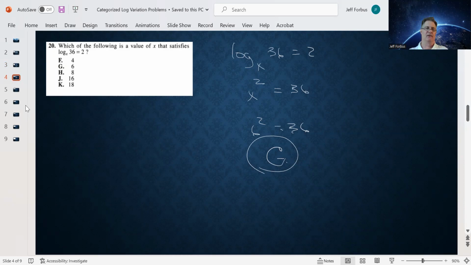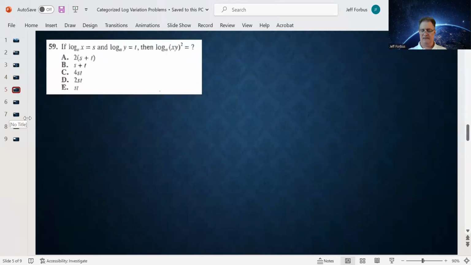All righty, so let's move on to the next question. And when we do that, we're going to end up here. All right, so this one's a little bit more detailed. And this says the log base A of x is equal to s, and the log base A of y is equal to t. So then log base A of x times y squared is equal to what?